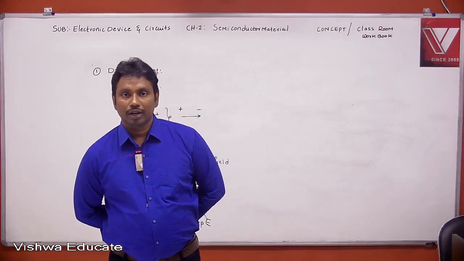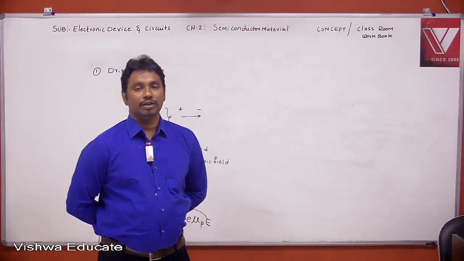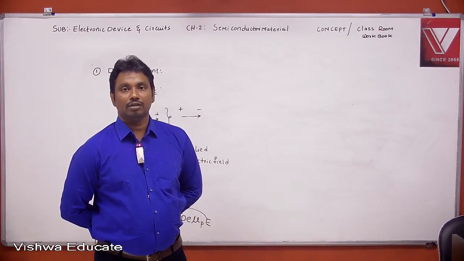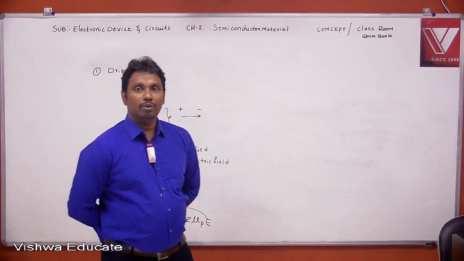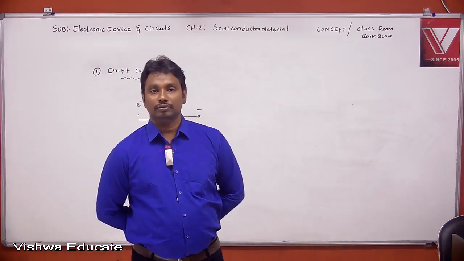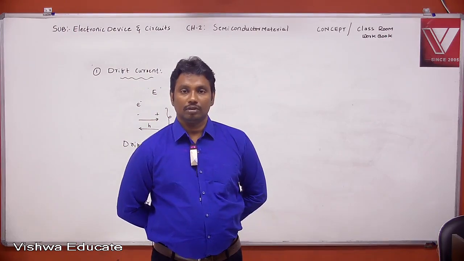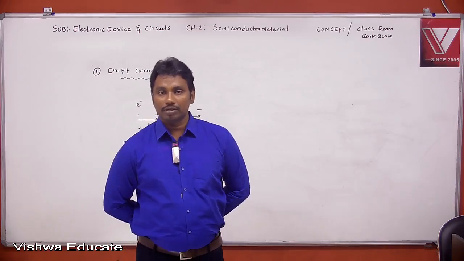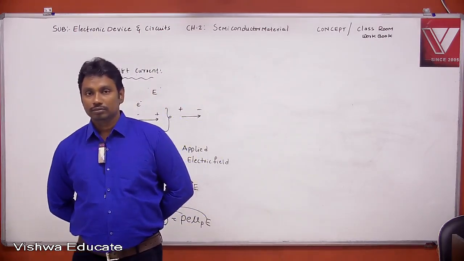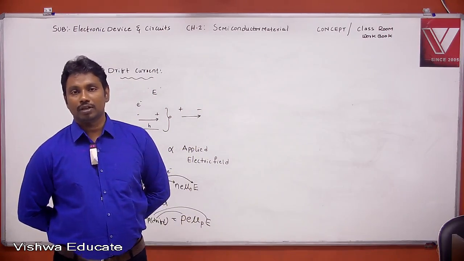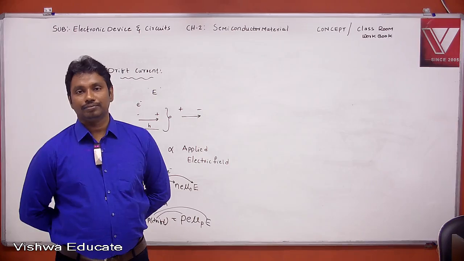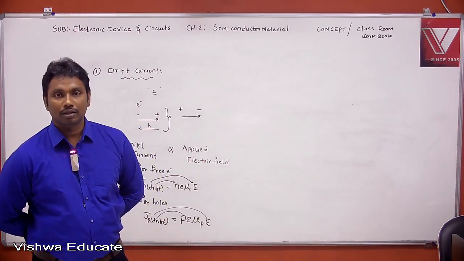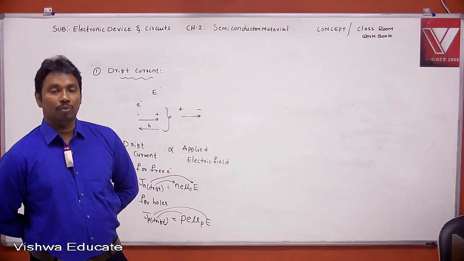Next point, due to the potential difference, electrons are moving from low potential to high potential, and holes are moving from high potential to low potential, and produce a net current from high potential to low potential.